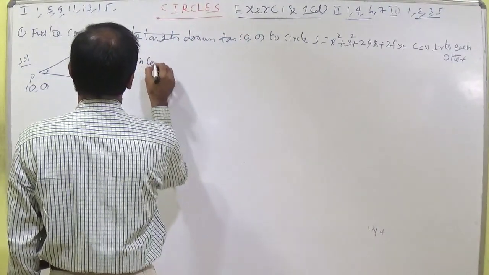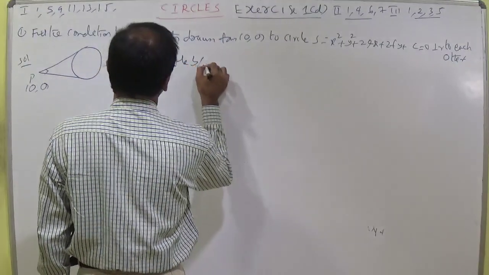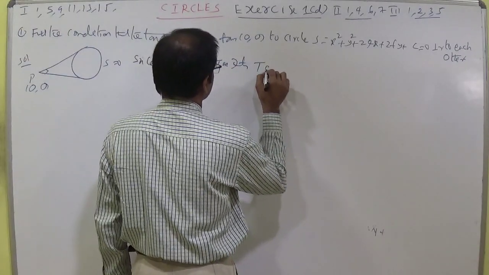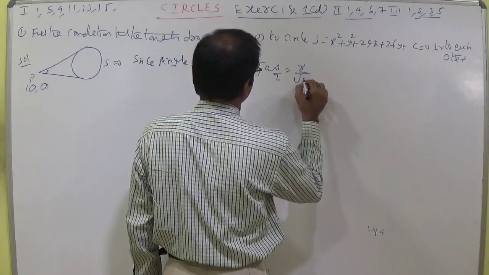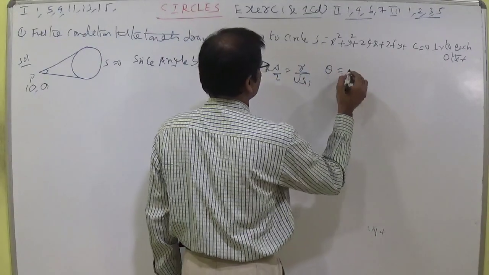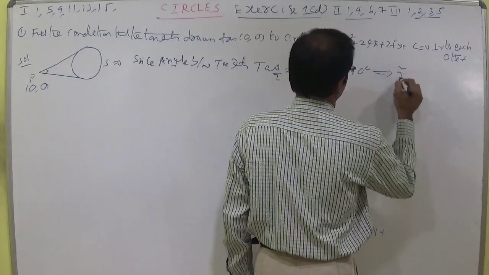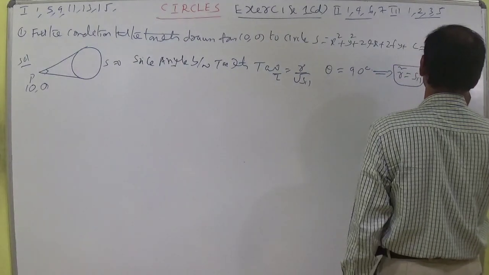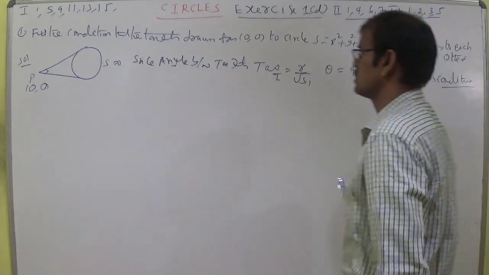Simply write theta is equal to 90, that implies the condition r square equal to s11.